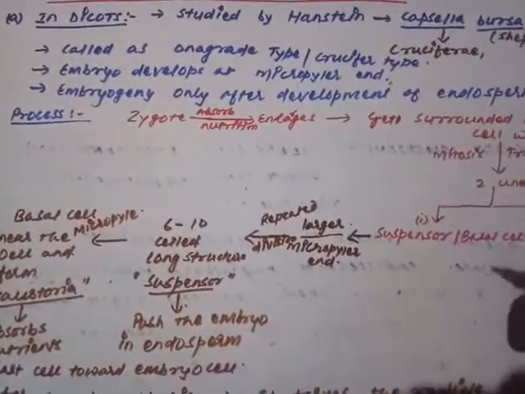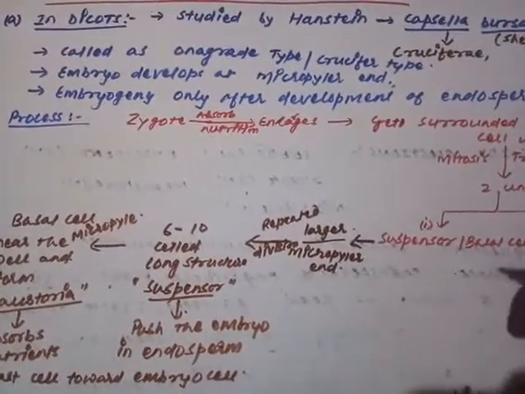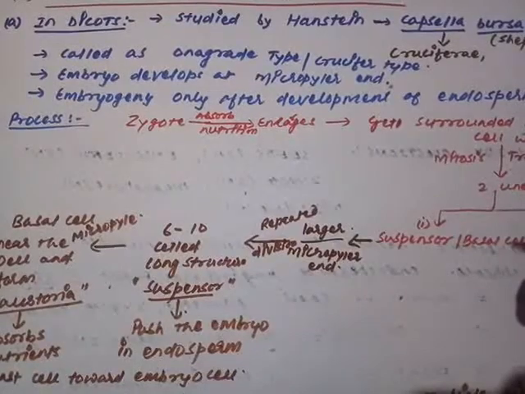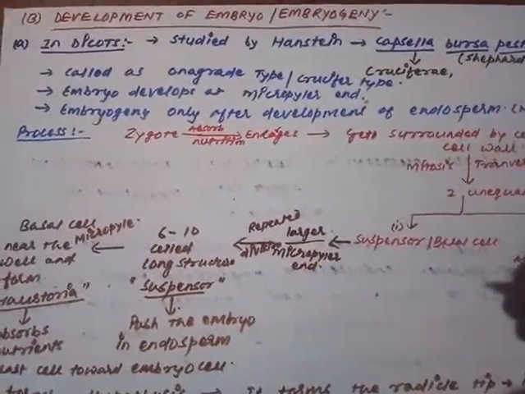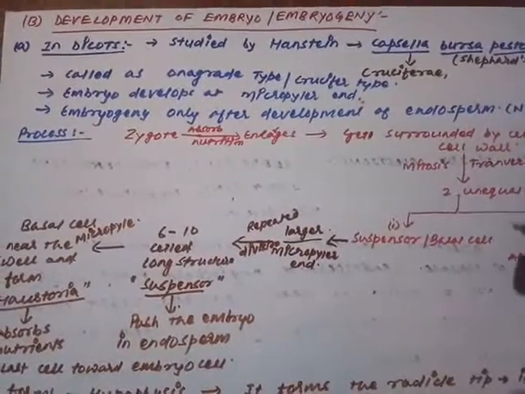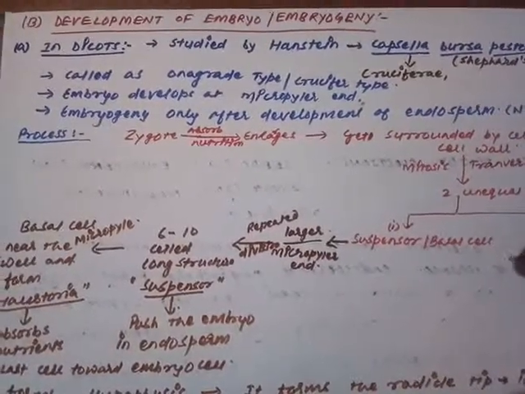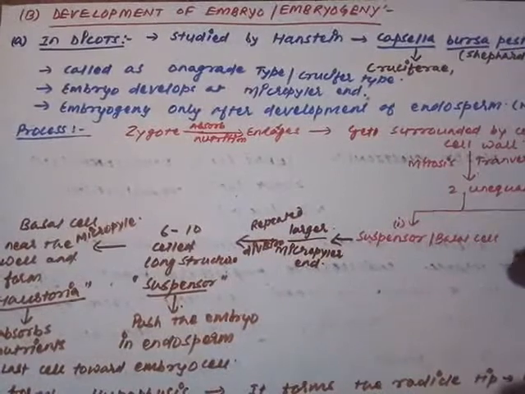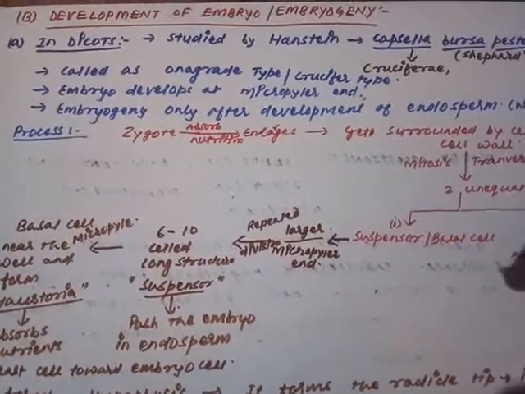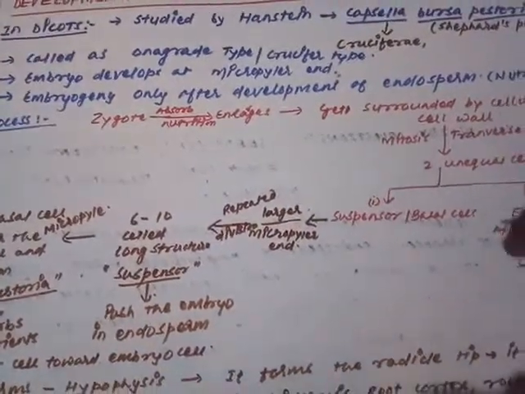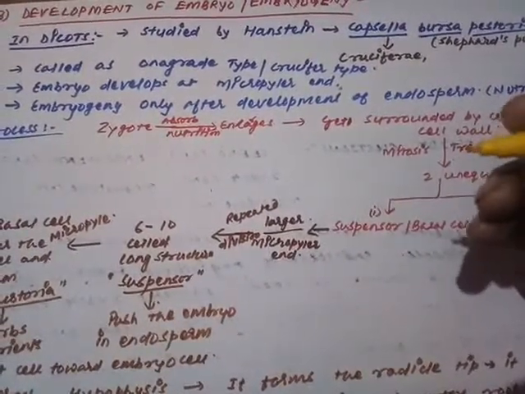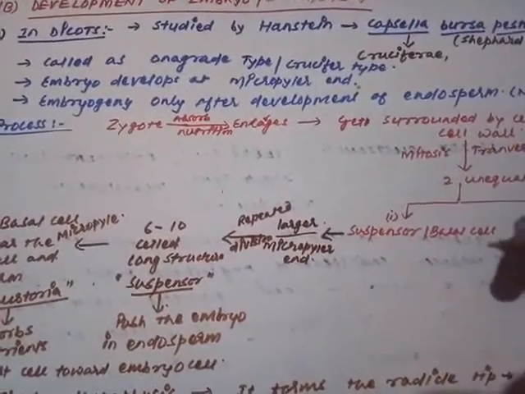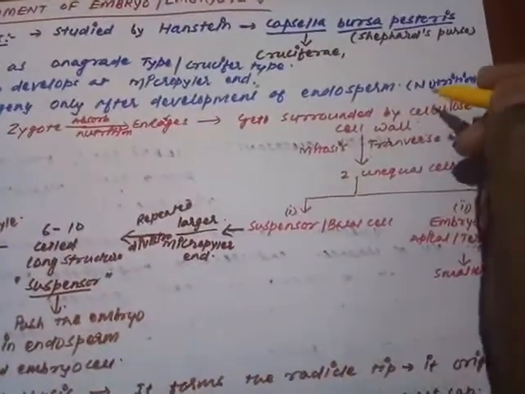One more very important thing: we know very well that the second male gamete fused with the polar nuclei and formed the endosperm. The embryonic development will begin only after completion of the endosperm development, which is why in post fertilization changes we studied the endosperm development first. The reason is that endosperm is the source of nutrition.